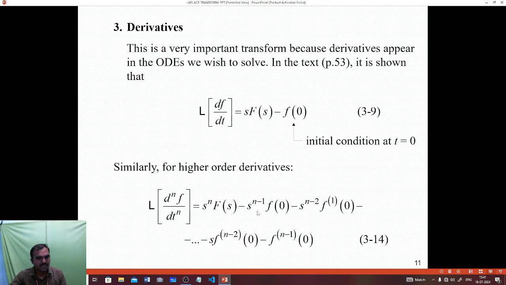So all these values will be 0, the first value 0, second value 0, third and so on, and we only get L of d power n f by dt power n equals s power n into F of s.